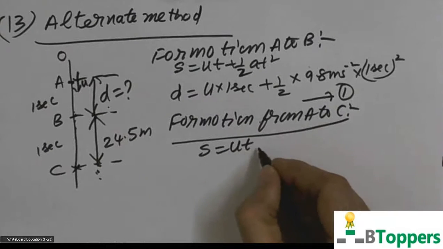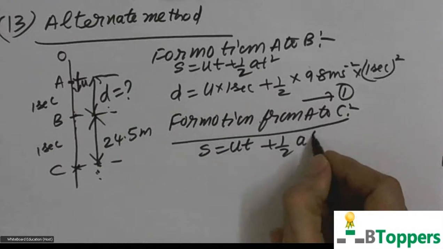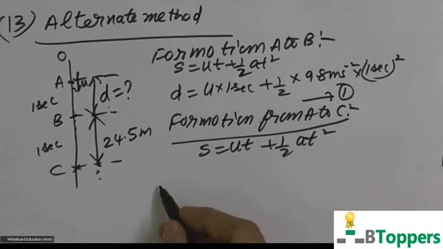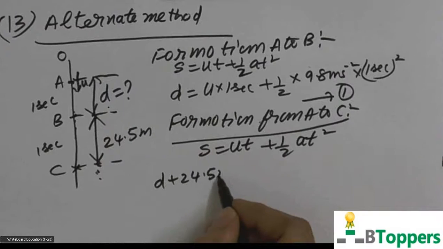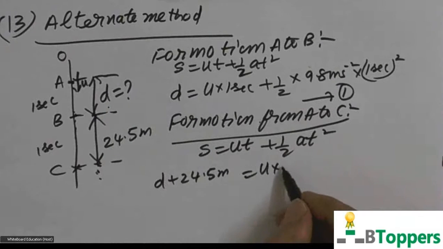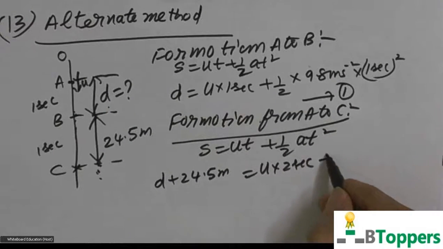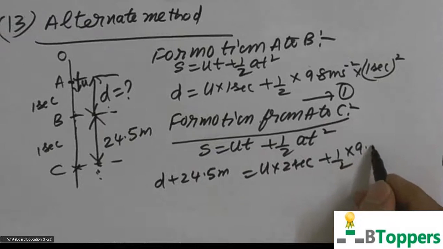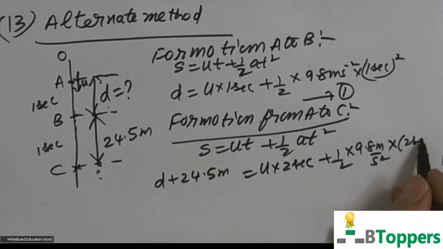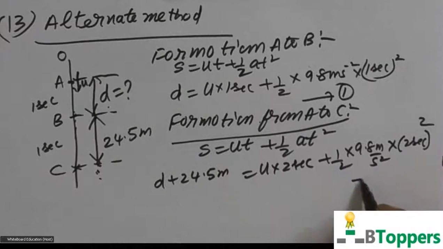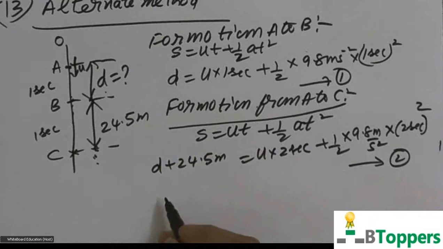Again, we use the same equation, s equal to ut plus half at square. Here s will be d plus 24.5 meters, a equals 9.8 meters per second square, and t is 2 seconds. Now you have to solve equations 1 and 2 to find d.